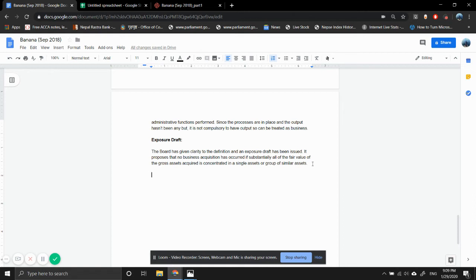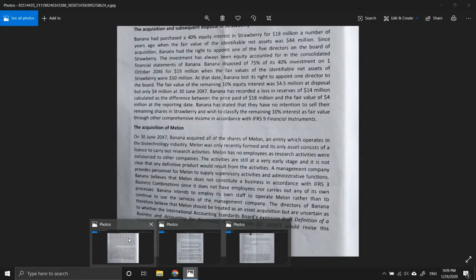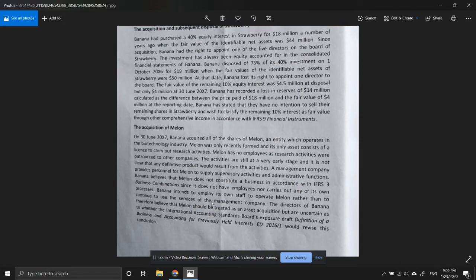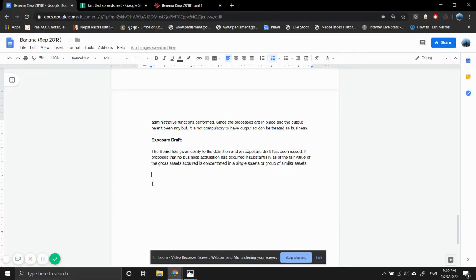If this comes into effect, how would that affect this particular question? In this question, we have acquired it, and its main thing is the license to carry out research activities. Okay, so we don't know that value, right?